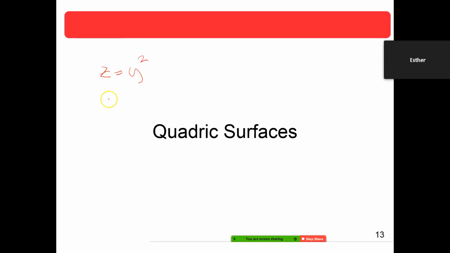You could also have a parabola in the XZ plane, which would be the one we're used to, x squared is equal to y, or z is equal to x squared, and you could just fix any kind of a value here.